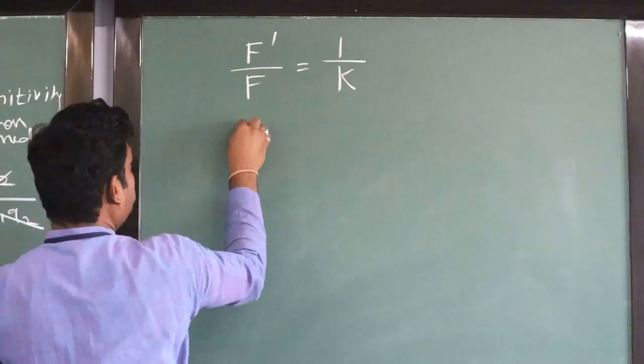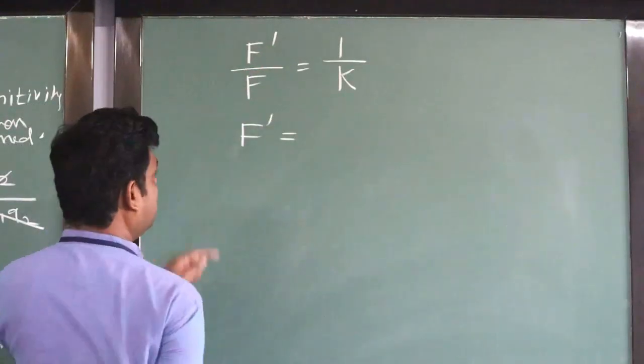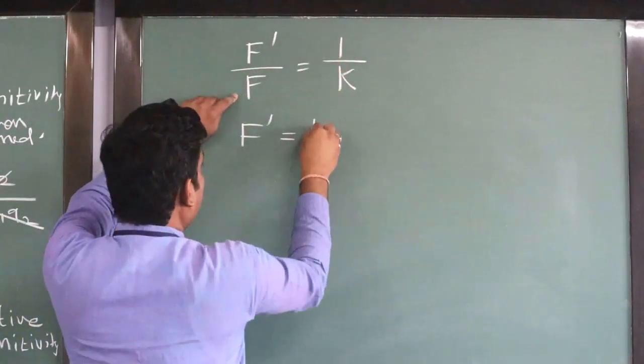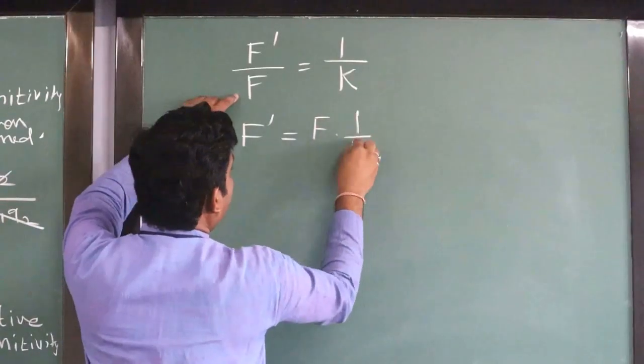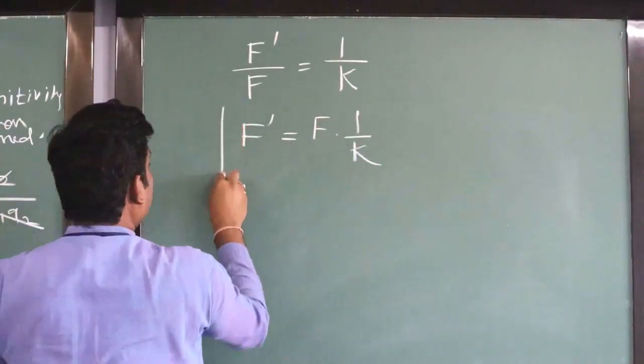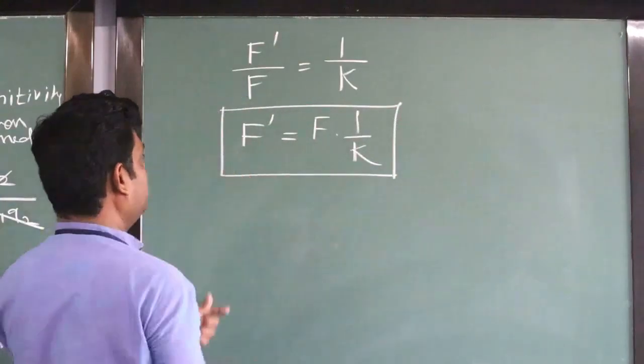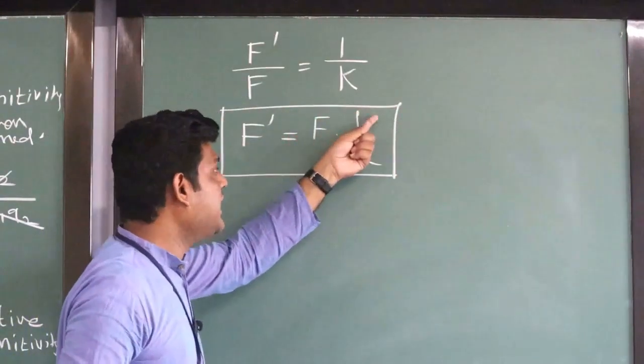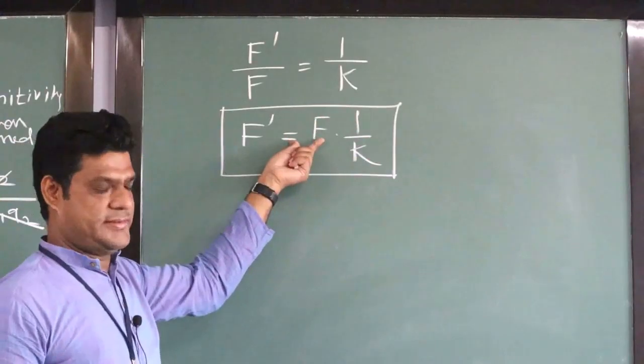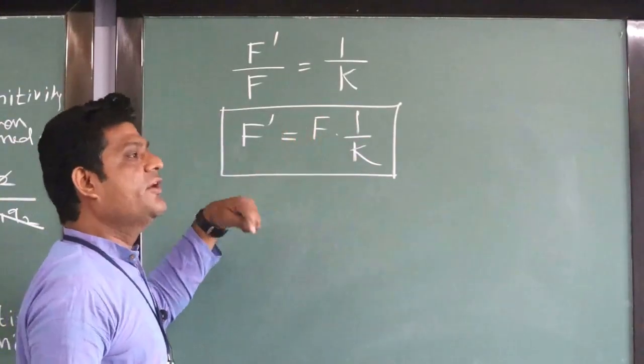So F dash, the new force, equals F into 1 by K. So we can say that the new force is 1 by K times the original force. So the force will be reduced over here.